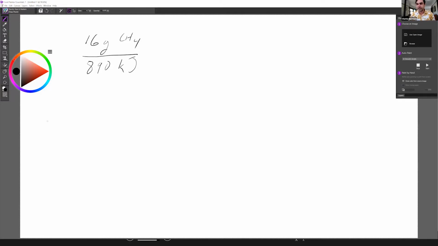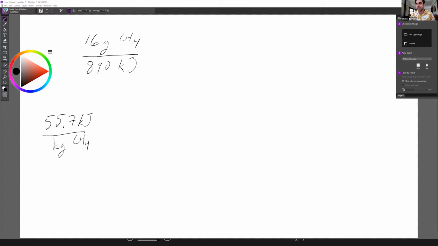And what we're trying to figure out is if this value from the internet, 55.7 kilojoules per kilogram of methane, is correct or not.